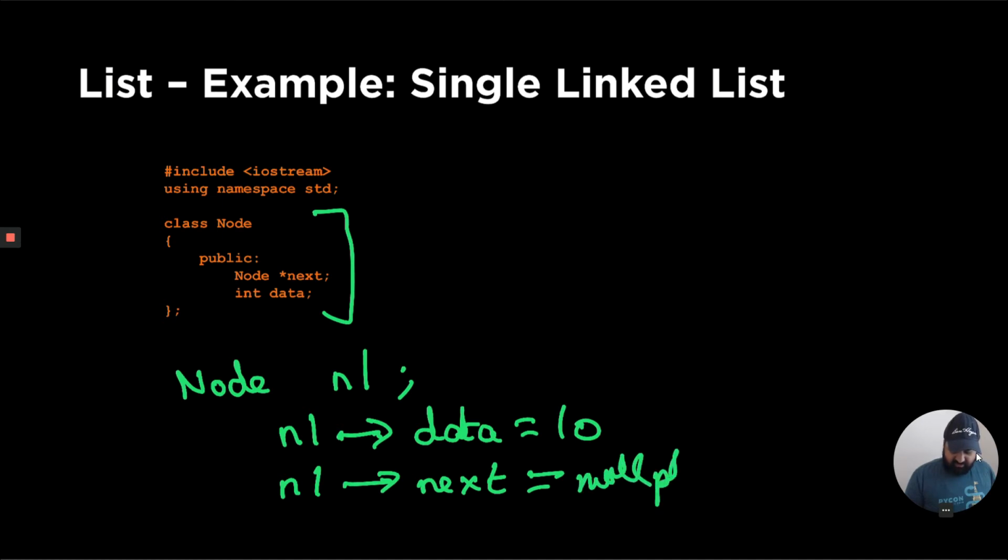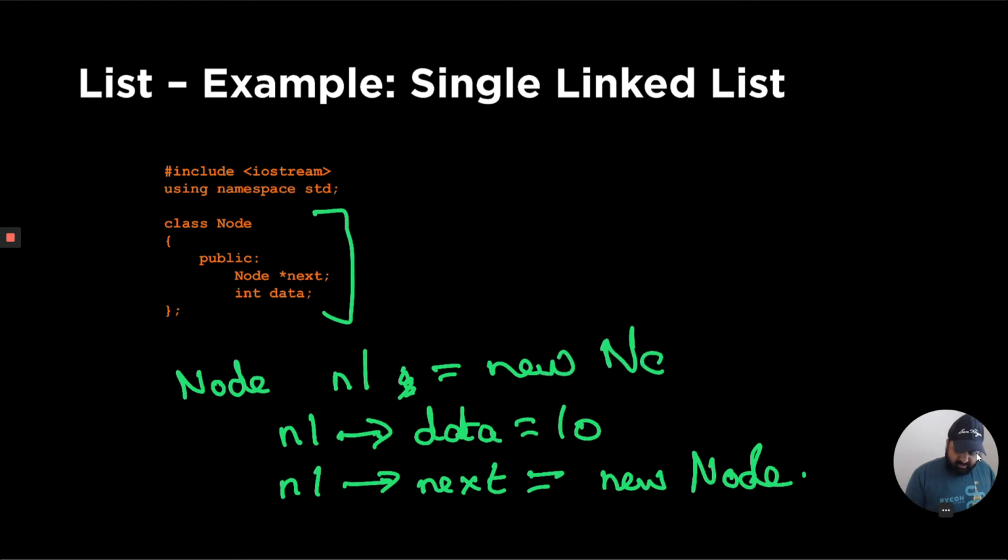Let's say there was just one node. If there were more than one node, instead of pointing it to null, we could point it to a new node. Okay, so let's call it n1 also like new node, which means we are allocating this memory on the heap.